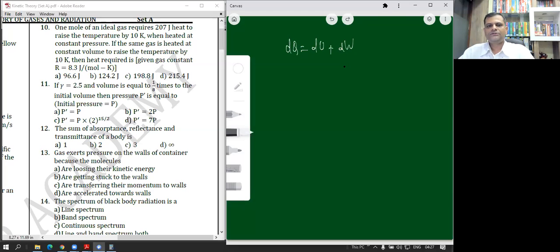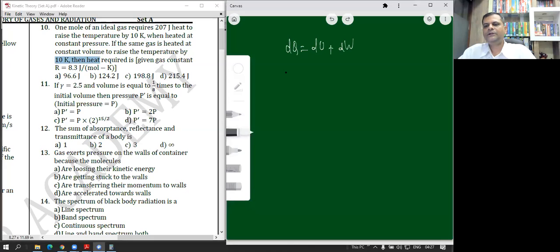So whatever amount of heat is required at constant pressure will be considered as dQ, and if the same gas is heated at constant volume, the heat required for the same temperature rise is asked. So we have to find dU, correct? dU is to be found out.